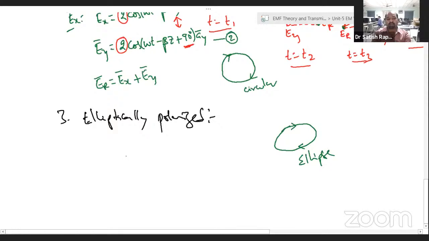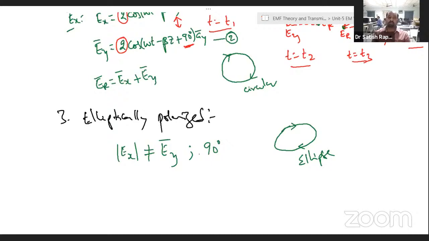So when do we get an ellipse? When the magnitude of Ex is not equal to the magnitude of Ey, and they are out of phase by 90 degrees, then the wave is said to be elliptically polarized. That is the only difference between circular polarization and elliptical polarization.